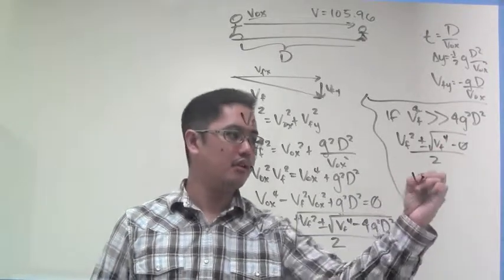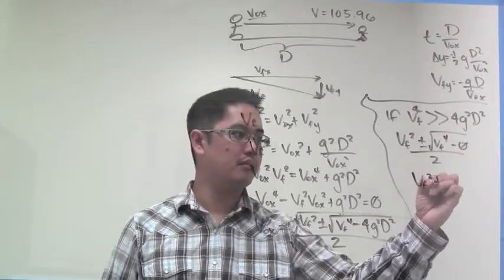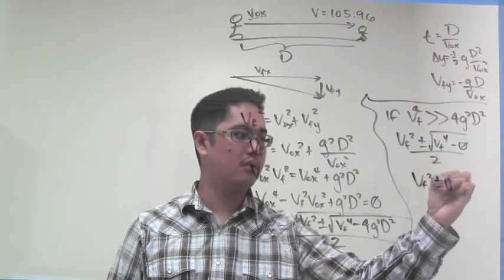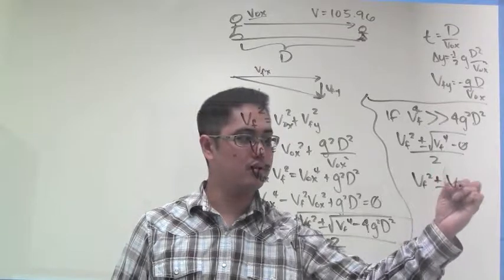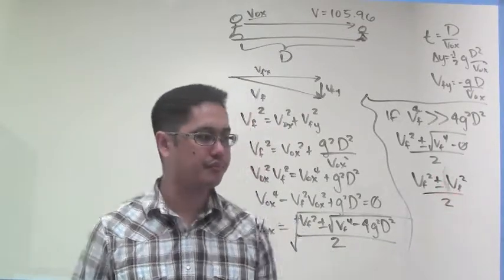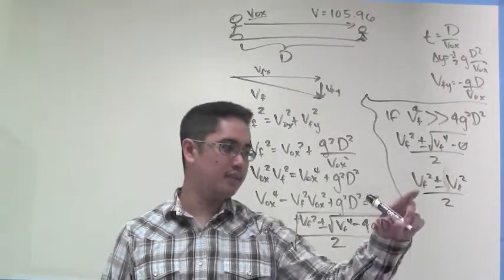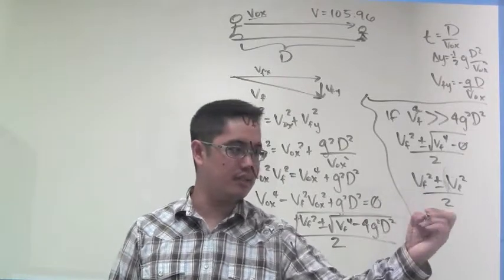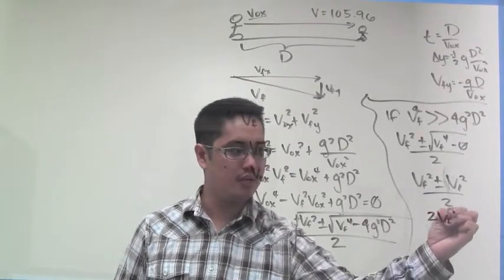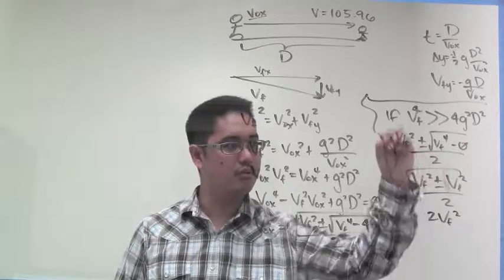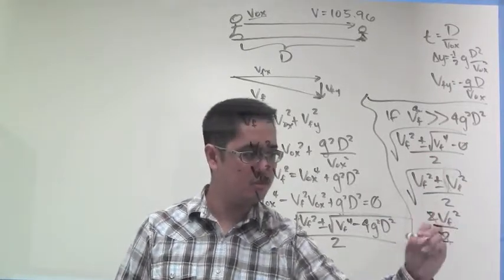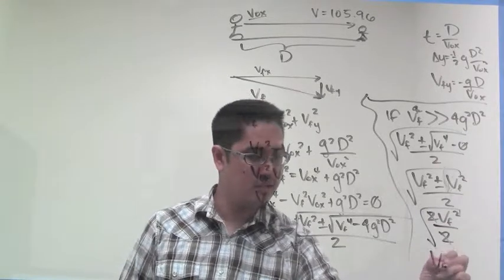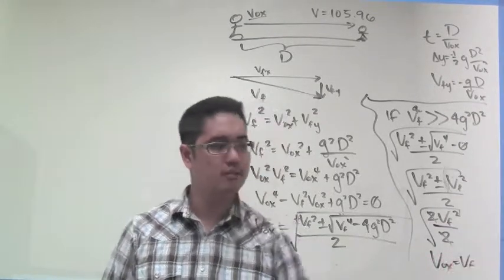So this would be V final squared plus or minus V final squared over 2. If I use the plus, then it would be 2 V final squared over 2, and I need to take the square root of the whole thing. This is V naught x equal to V final.